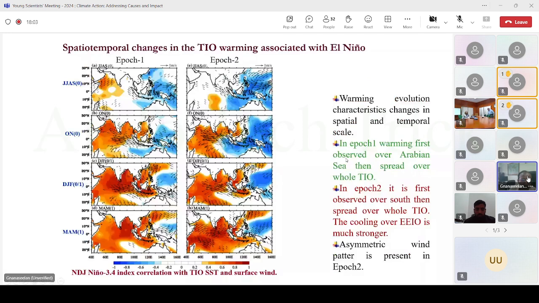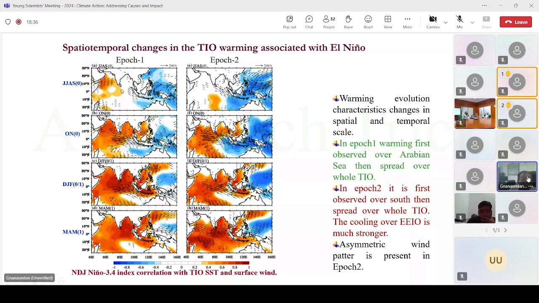Now, if you look at this, this is the changing pattern. This is a spatial pattern of the TAO response to ENSO prior to the 1970s or 1980s, or beyond the 80s. You can see a lot of changes in pattern, right from June, July, August, and if you see the peak period and March, April, May following ENSO, you can see large changes in the pattern.